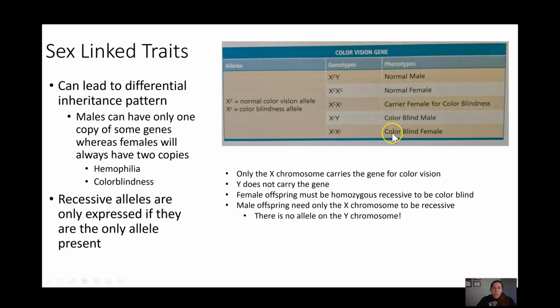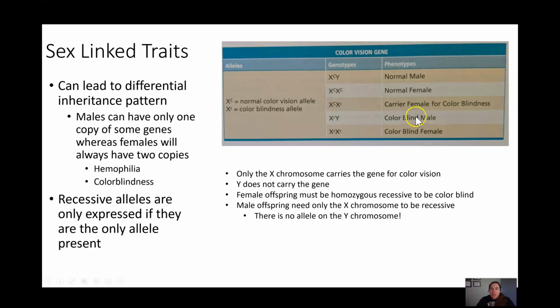So the only way that a female can be colorblind is if she's homozygous recessive for this trait. Whereas the male only needs 1 copy of that recessive gene in order to be colorblind. So this leads to more males having the colorblindness trait than females.